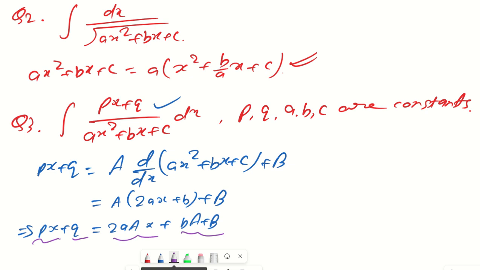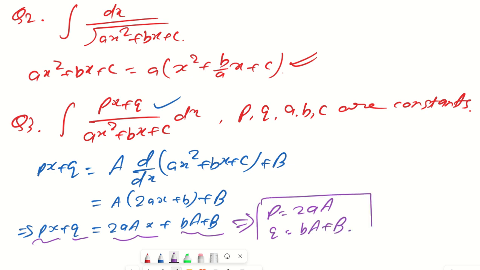So by equating we are going to get p is equal to 2aA and q is equal to bA plus capital B. So this is how we are going to replace my p and q with these two terms, and this is how we can solve it very easily.